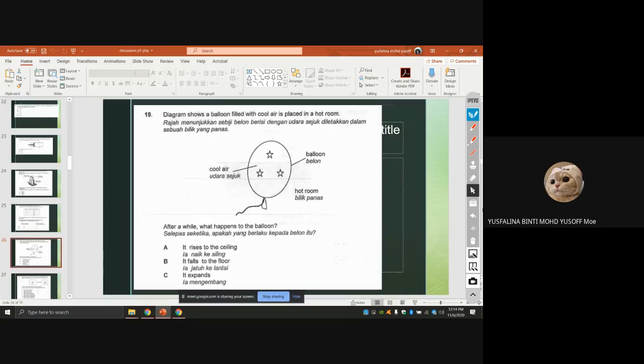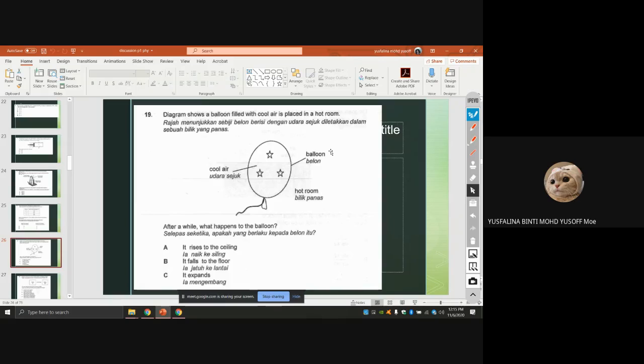Alright, next one. The diagram shows a balloon filled with cool air placed in a hot room. After a while, what happened to the balloon? Here the surrounding is the hot room, meaning the hot air.